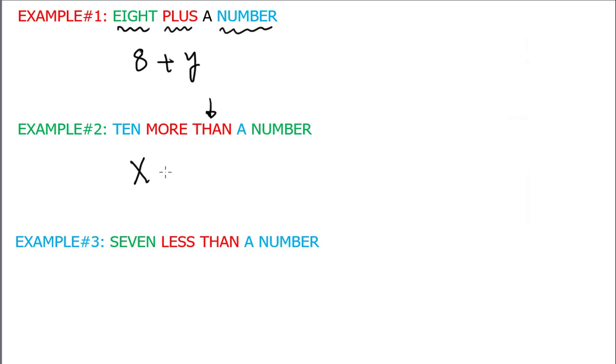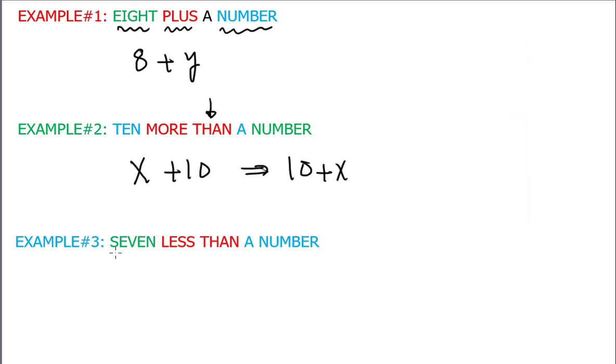More than indicates addition, so x plus 10. When dealing with addition, the order does not matter, so we could also write 10 plus x. But if the operation involves subtraction, we should be careful with the way we translate.